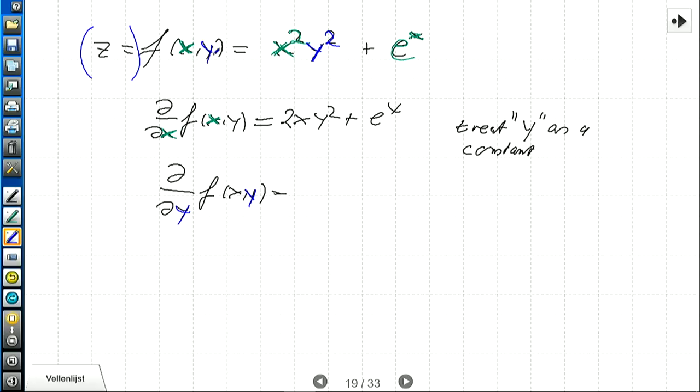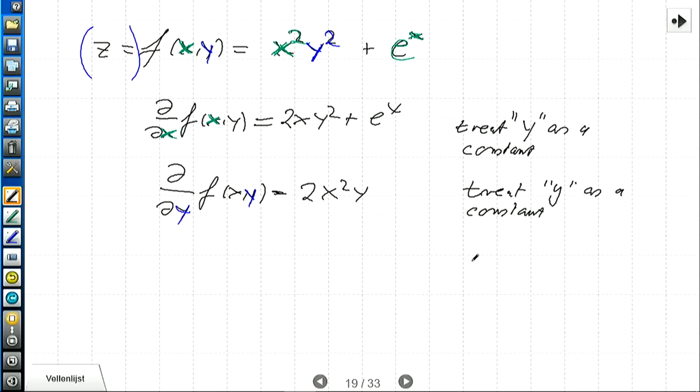I have the blue glasses on. So everything that is green up there is just a constant. If I differentiate, I get 2x squared y, and e to the power x is just a constant, so its derivative is 0. We treat x as a constant.